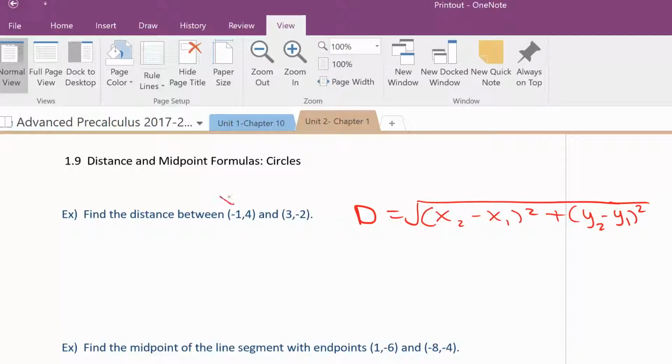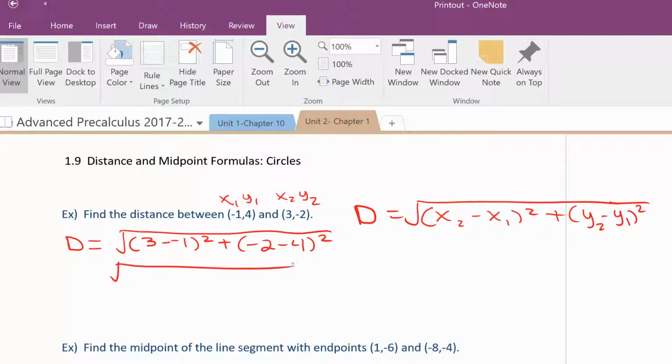So if you let this be x1 and this be y1 and this x2 and y2, you can substitute them into the distance formula. So you get 3 minus -1 squared plus -2 minus 4 squared.